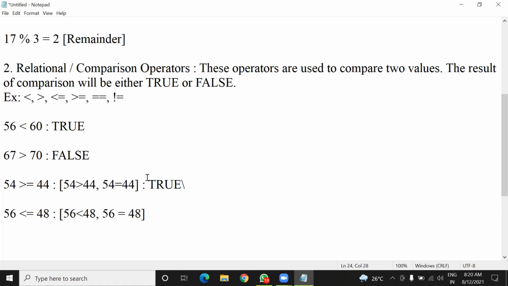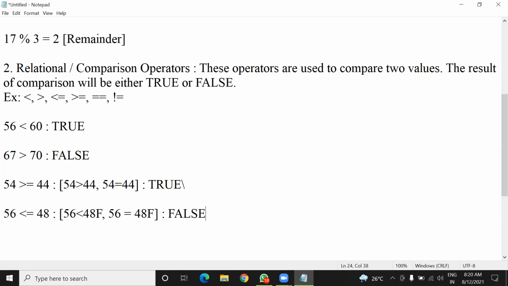Is the first one true or false? 56 less than 48. False. And the next one? False. It is also false. So in this situation, both conditions are false, so the overall result will also be false.